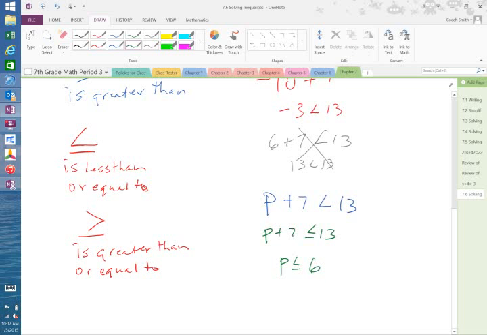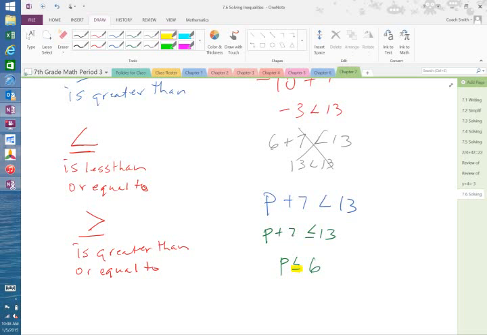Now I can include 6 as my solution, because of this right here, because of the little bar underneath it, that means the answer could be 6. It could be 6 or anything less than 6.